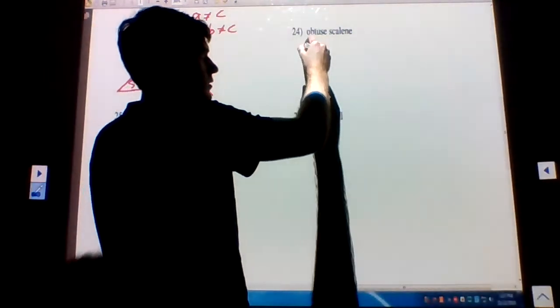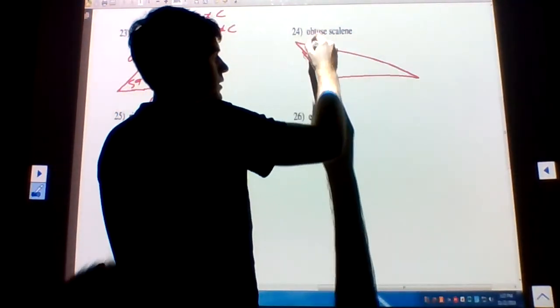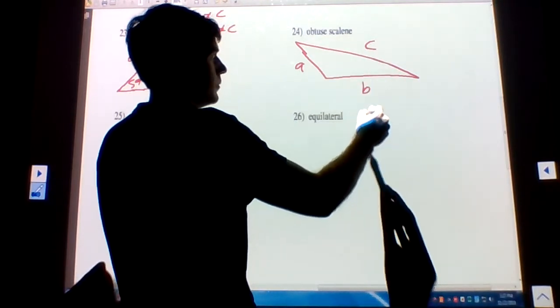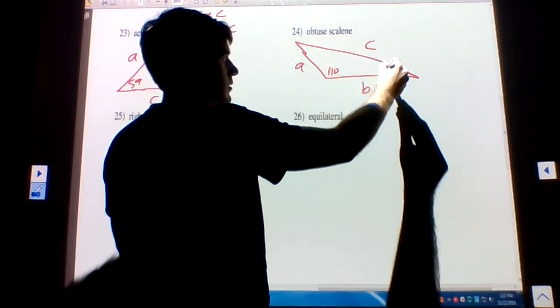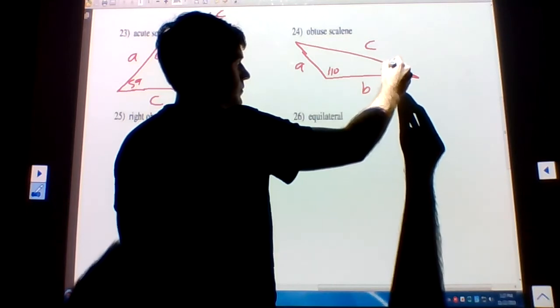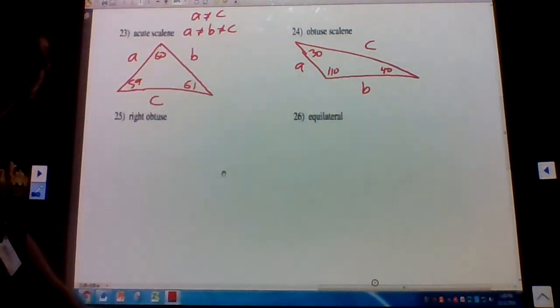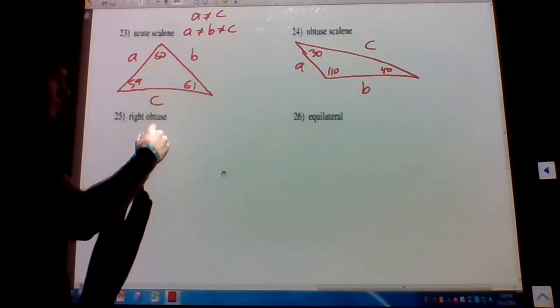Obtuse scalene. Again, we don't know what the angles would be, but we know A, B, and C are all different. Obtuse, so maybe 110, 40, and 30 would be fine. Right obtuse, so this one's not going to be possible.